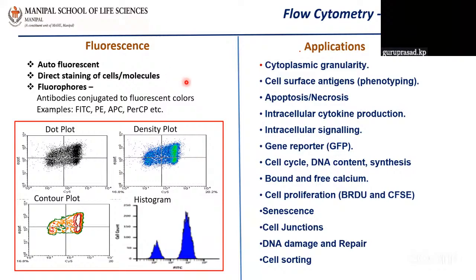And another type of staining, which we generally do for staining cells, whether in any cell biology practical or experiment, or maybe for flow cytometry, is direct staining. So far I was talking about direct staining of the cells with specific dyes. At the same time, we do use fluorophores.